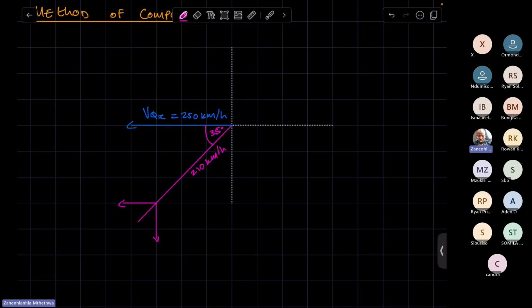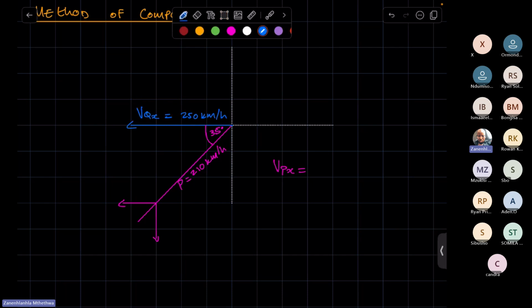So this is p, not q, with magnitude 210. So vp in the x direction, I forgot the sign here.